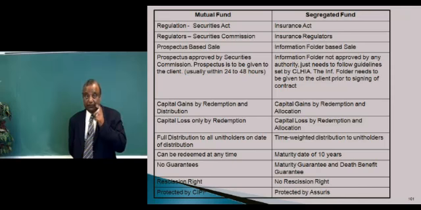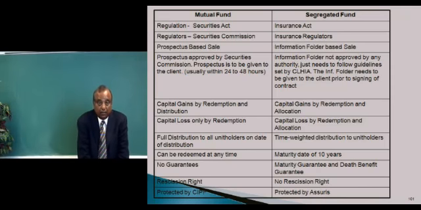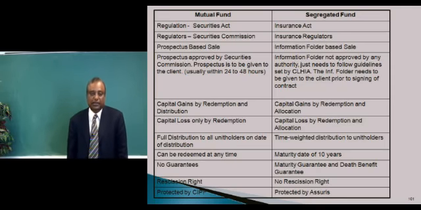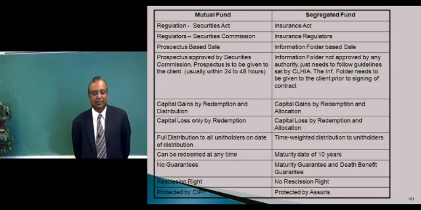Now, segregated funds, you can make capital gains by redemption and allocation. In a seg fund, they don't distribute the money out because you agreed to keep it for 10 years. They reinvest the money, but they will send you a tax slip because the income generated by the fund has to be paid, and it's better that individual investors pay the taxes.